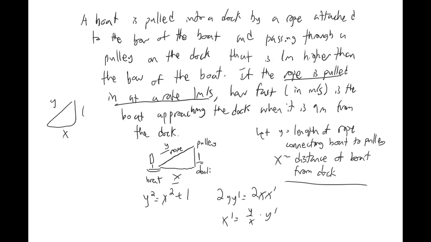If it's being pulled in, is the length of the rope increasing or decreasing? Decreasing. So what should I put for y prime? Yeah, it should be -1. So this is.